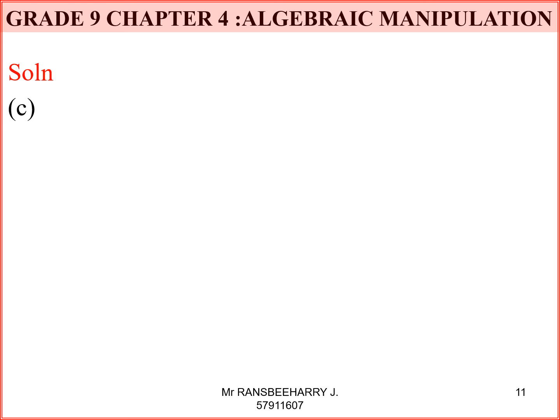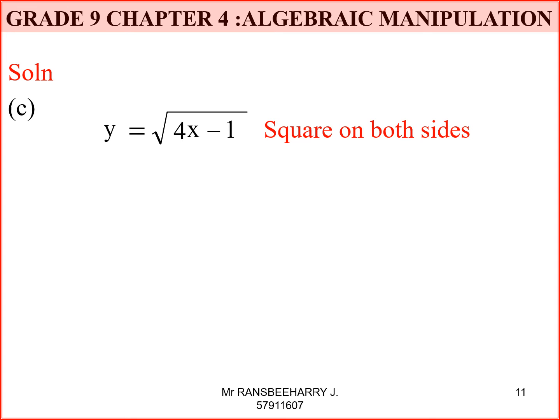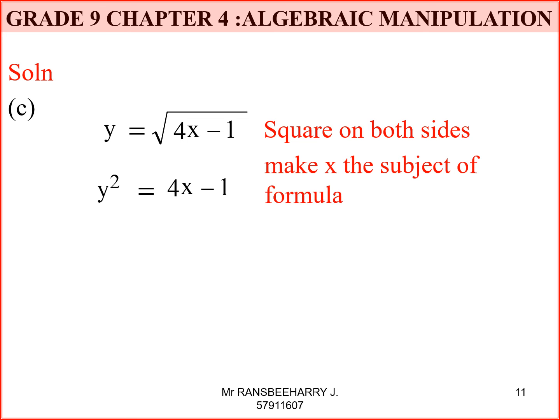Solution part C. y is equal to square root of 4x minus 1. Required to make x subject of formula. So first step, square on both sides. We obtain y square is equal to 4x minus 1. Next step, make x subject of formula. So minus 1 is sent to the other side. We obtain y square plus 1 is equal to 4x.